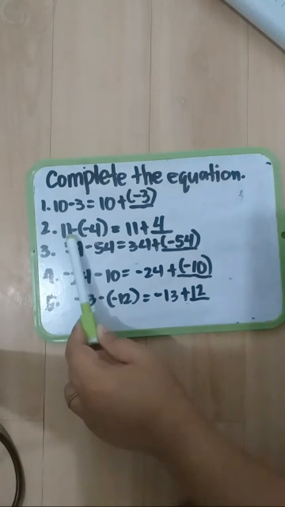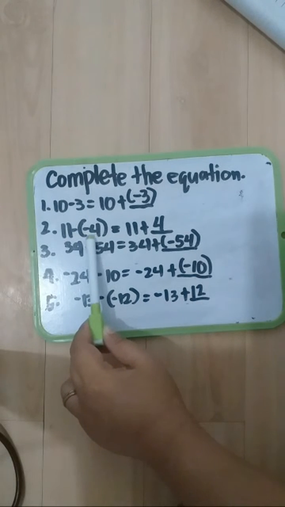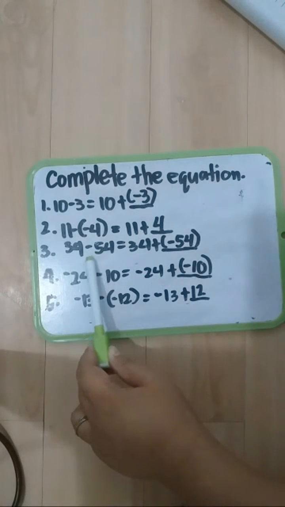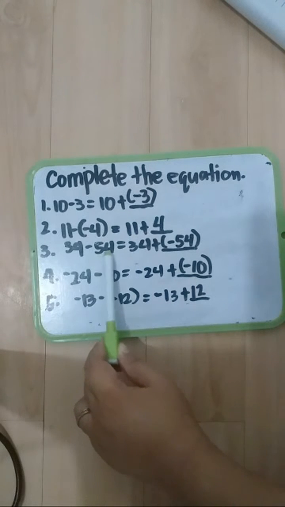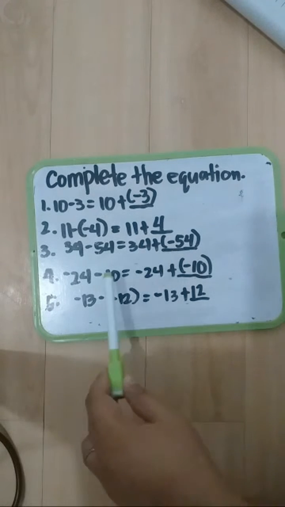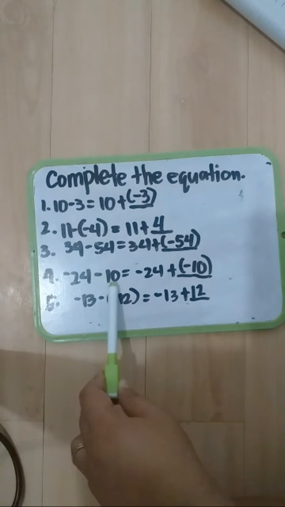Ito naman, 11 minus negative 4. Negative yung 4 natin dito, naging positive dito. Nakukuha po? Next. Dito, positive yung 54. Ginawa naman nating negative. Ito yung sinasabi ko sa inyo kanina pa. Next, dito, for number 4, positive yung 10 natin dito.